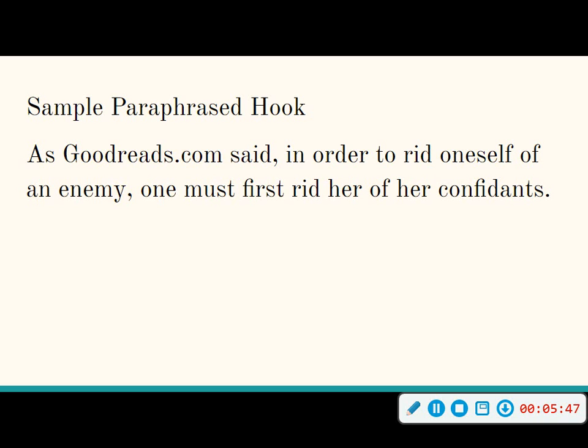I used the book review one. As Goodreads.com said, in order to rid oneself of an enemy, one must first rid her of her confidants. This is the hardest one that you are going to do. Instead of thinking about it as simply rewording a quote, tell me what the quote means. For example, let's say that your quote was something about fighting for what you believe in.